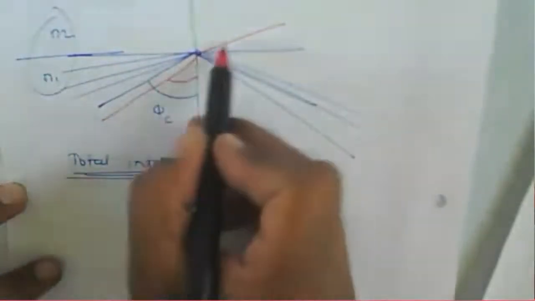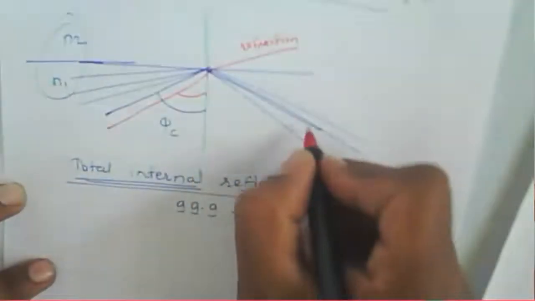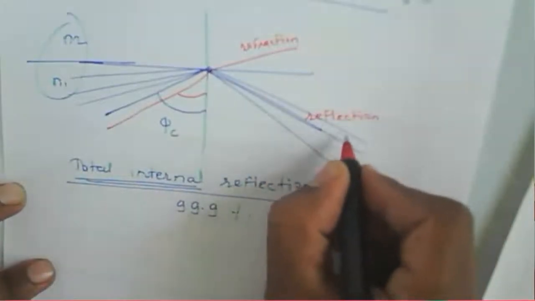If it is below this, the signal will be refracted. But if it is above this phi c, the signal will be reflected back. This one is called refraction, and this one is called reflection.